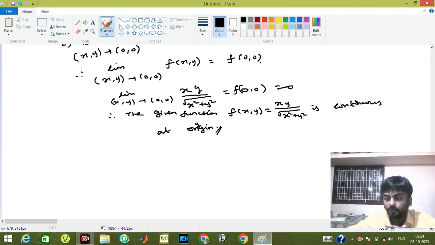Very simple. One thing you have to keep in mind: if the limit does not exist, the continuity will not be there. That is our main strategy by which we are going to prove that the given function is not continuous. So for that we will see a problem tomorrow.